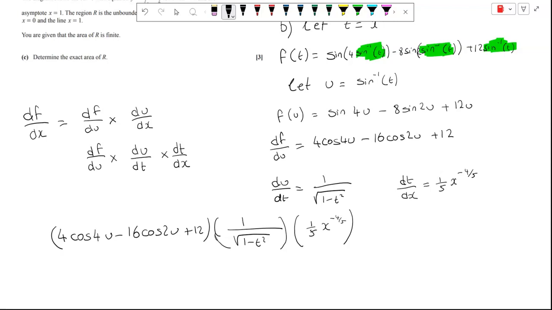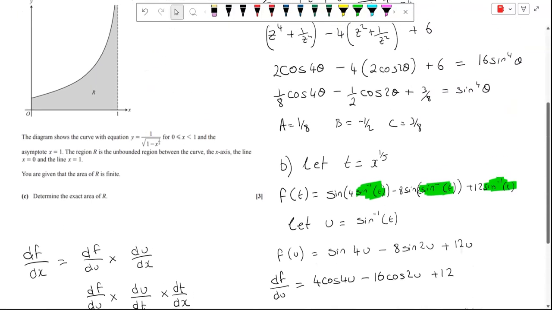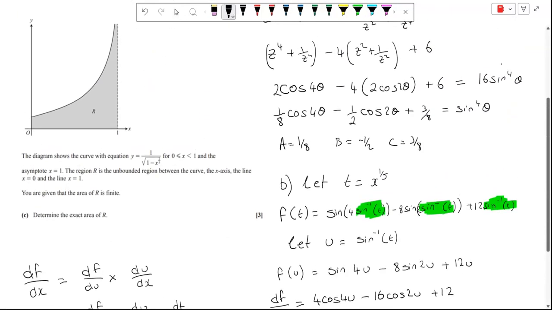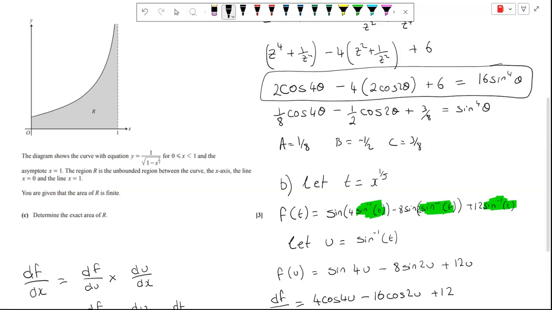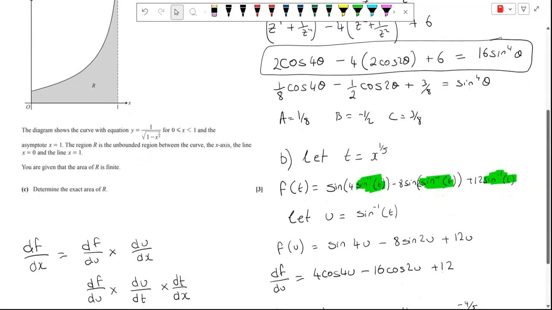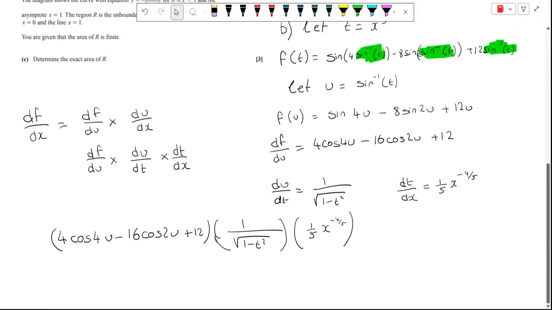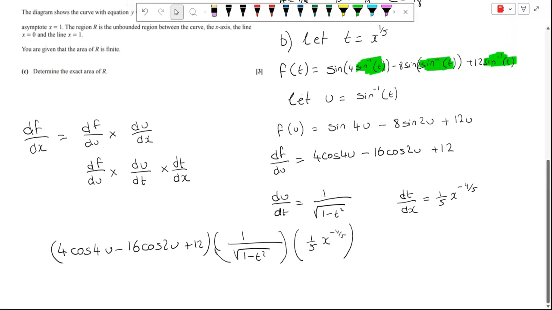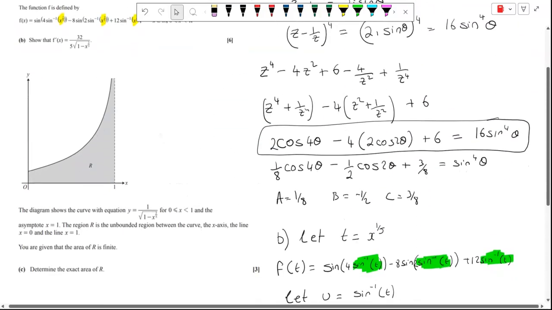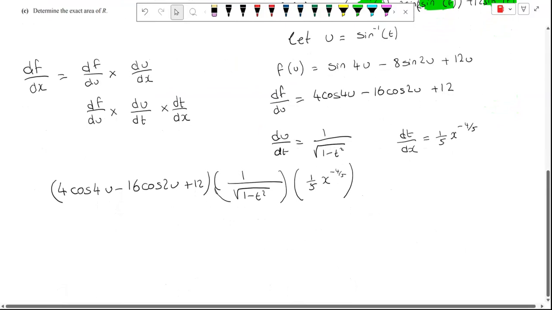Okay? From part A, if you go back to part A, you knew that 2 cos 4 theta minus 8 cos 2 theta plus 6 was equal to 16 sine to the 4 theta. Well, here, I've got 4 cos 4u minus 16 cos 2u plus 12. So I've got double what I had before.